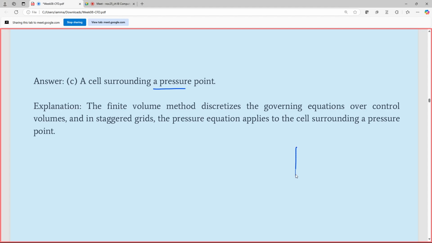So, if you are taking scalar quantities like pressure, temperature, etc., they are expressed as points in the cell and velocities as arrows. Velocity will be arrows.